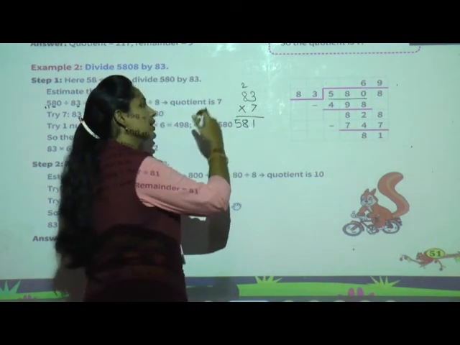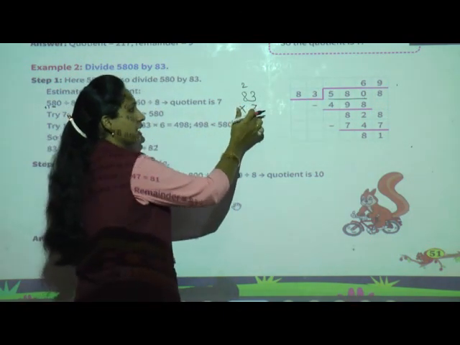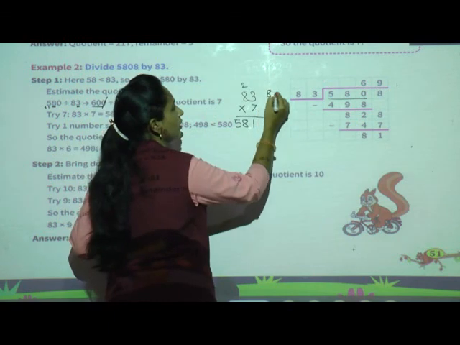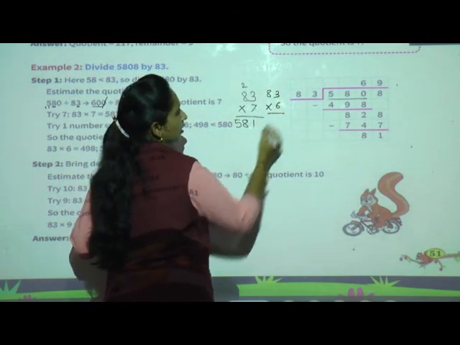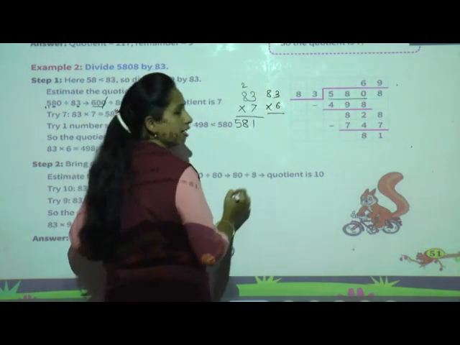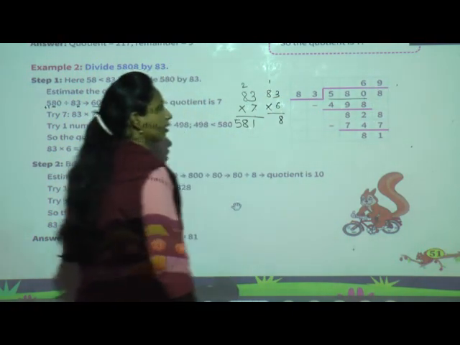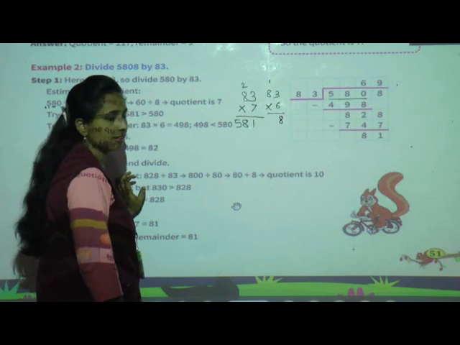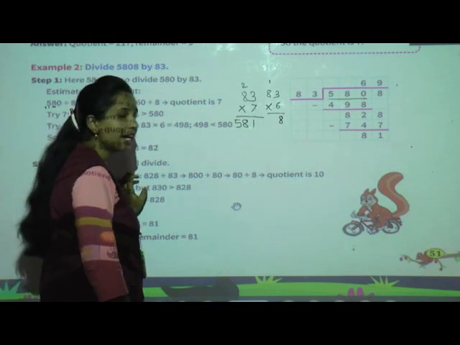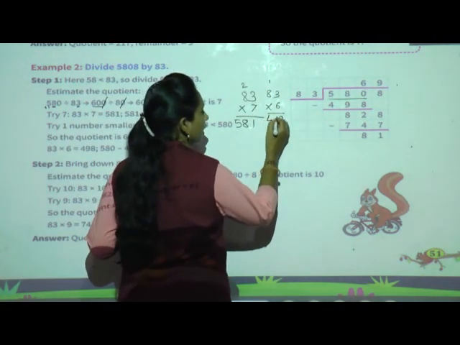So we will go with a quotient less by 1. Now we have taken 7, we will go now with 6. Okay. Now 6 3s are 18. 1 carry. 6 8s are, yes, 48. 48 plus 1, 49.